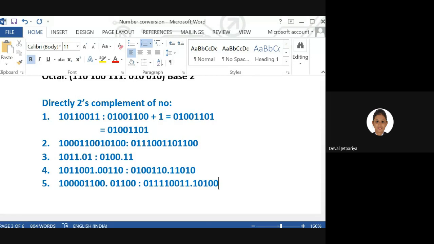Okay. Yes. Fine. If everyone is getting C, then it is fine.